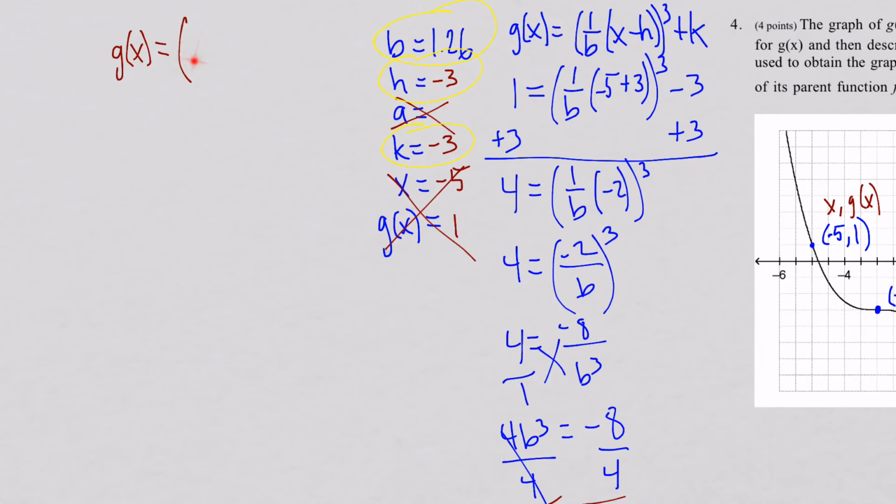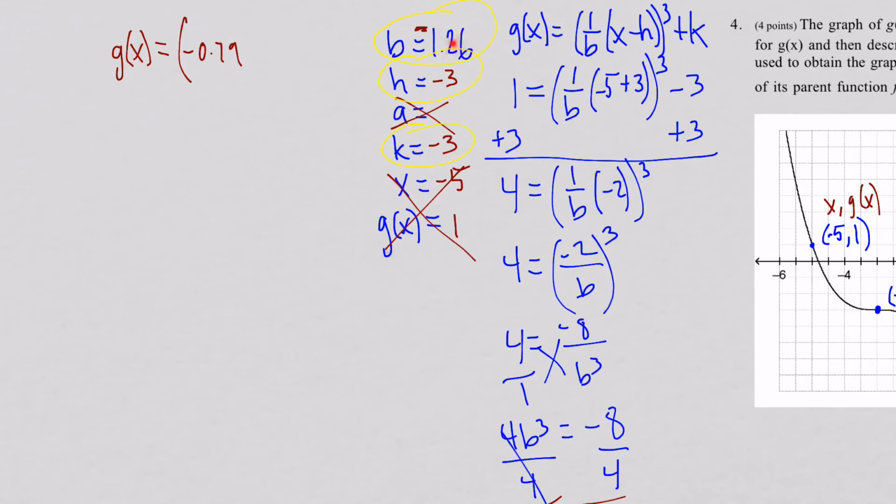Mine says 0.79. Negative, right? Oops, I keep forgetting the negative. Let me fix that. This is negative 1.26, not positive 1.26, this is negative. So negative 0.79 is what goes there, right?